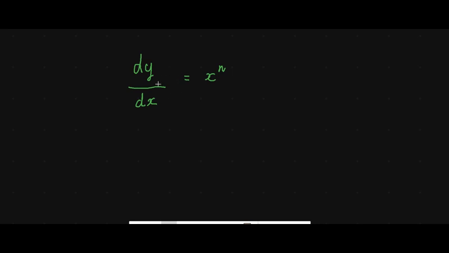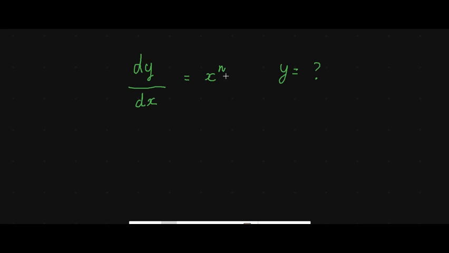So y is the function, and you don't know what y is. Y is unknown, but the derivative of y is x to the power n.